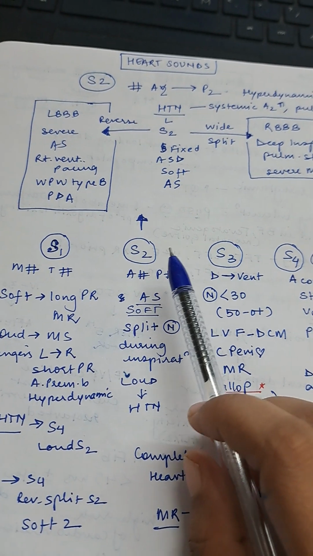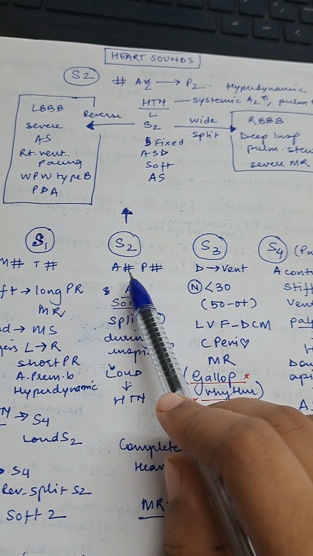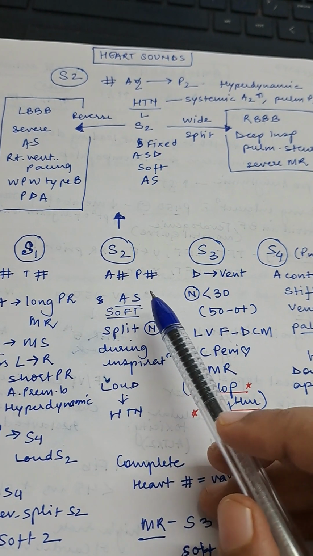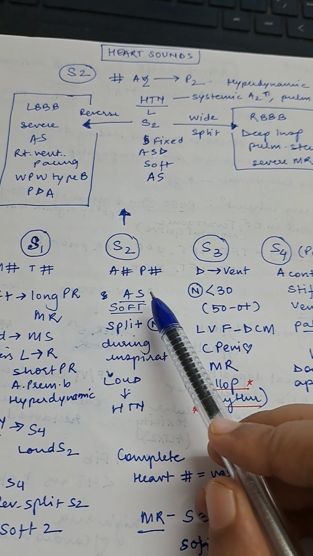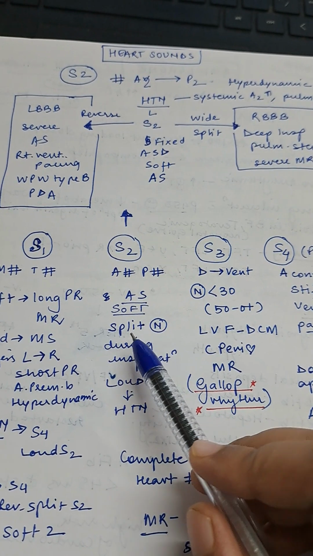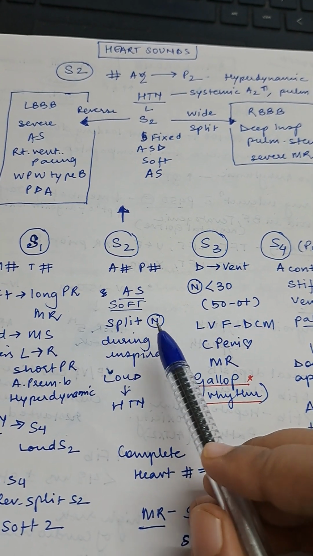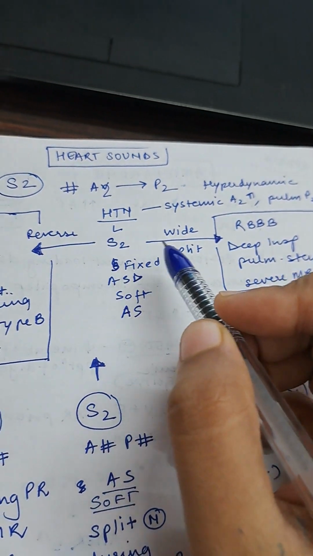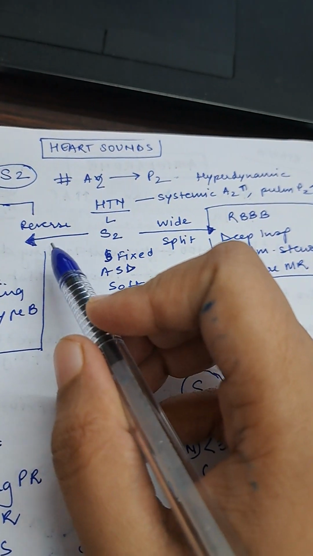S2 is due to the closure of aortic and pulmonary valves. Okay, so this will be soft as in aortic stenosis. Normally it is split, and it will be either wide split or reverse split.